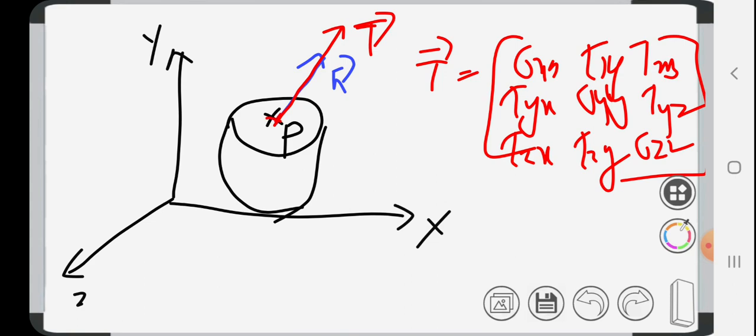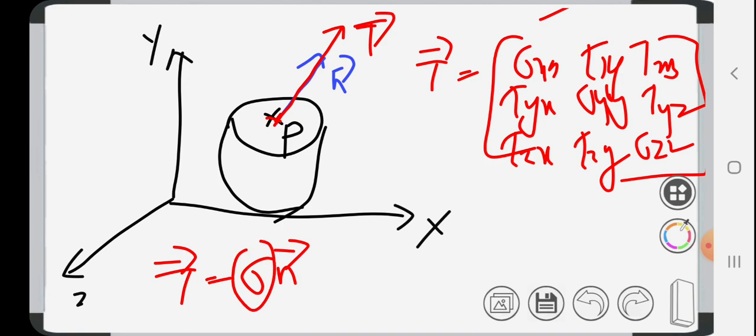For any plane, be it principal or not, this is a general equation. But the t vector here can also be written as sigma, its normal component, into the n vector, because it has only the normal component and no shear component.